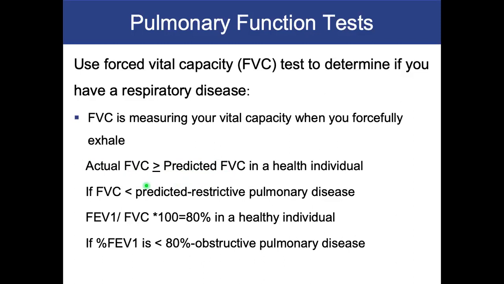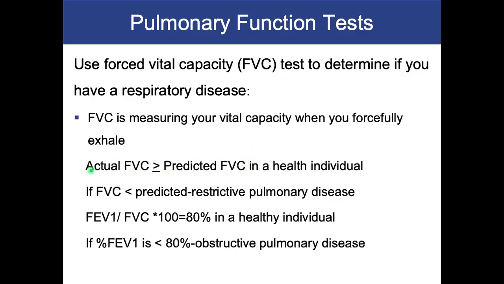And so then we would blow into the tube, and what you want to see is that the actual forced vital capacity, how much you actually forcefully blew or moved, would be greater than or equal to predicted, what you should have blown, okay?